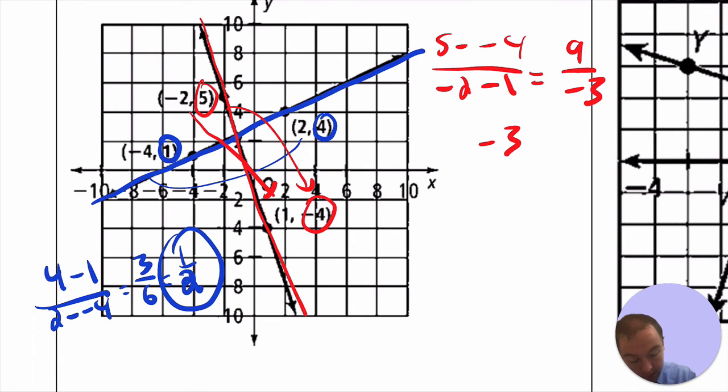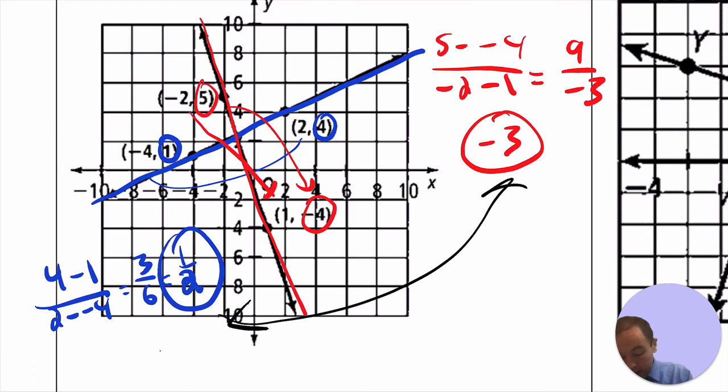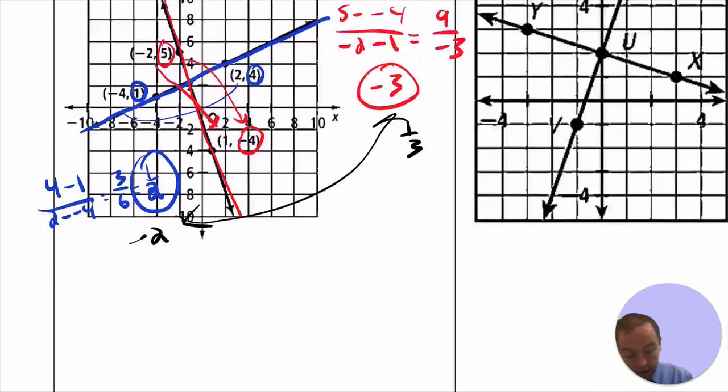So what we're able to say then is if we compare 1/2 with -3 there, they are not opposite reciprocals, because you would need a -2 or a 1/3 correspondingly to actually have opposite reciprocals. So they are not perpendicular.